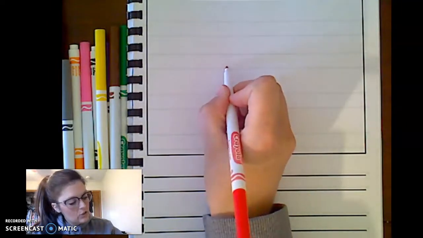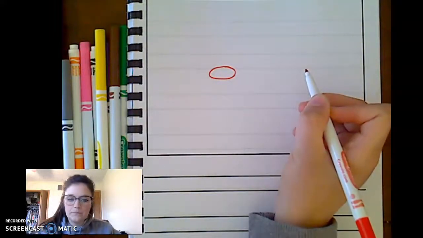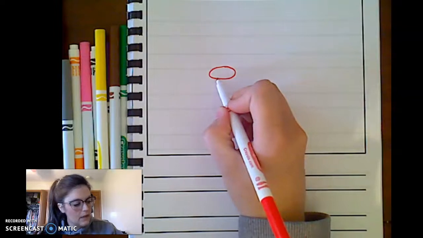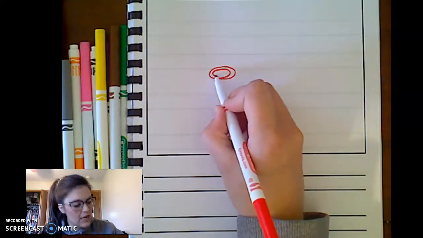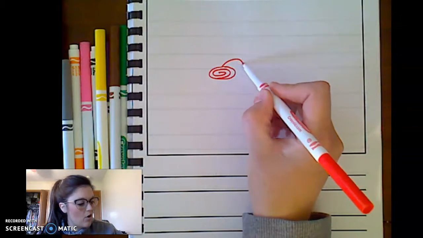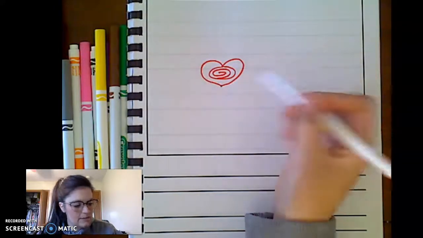And the first step is you're going to draw an oval. So here's my oval. And then we're going to do a little snake on the inside of it. And then we're going to add a heart that kind of goes around it.